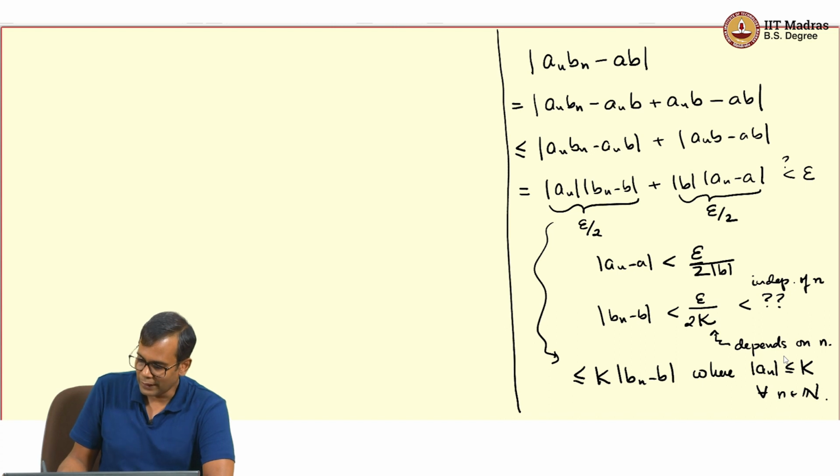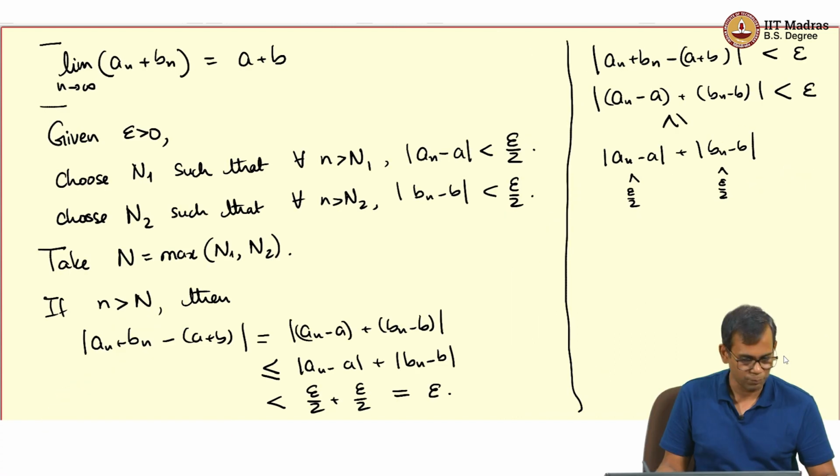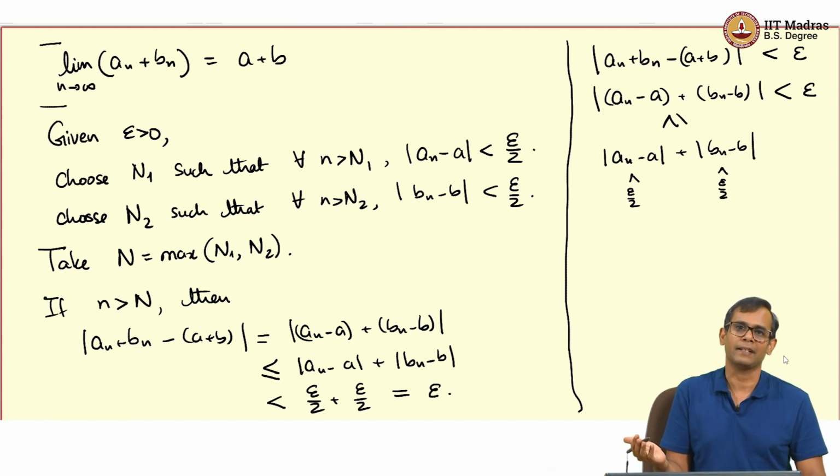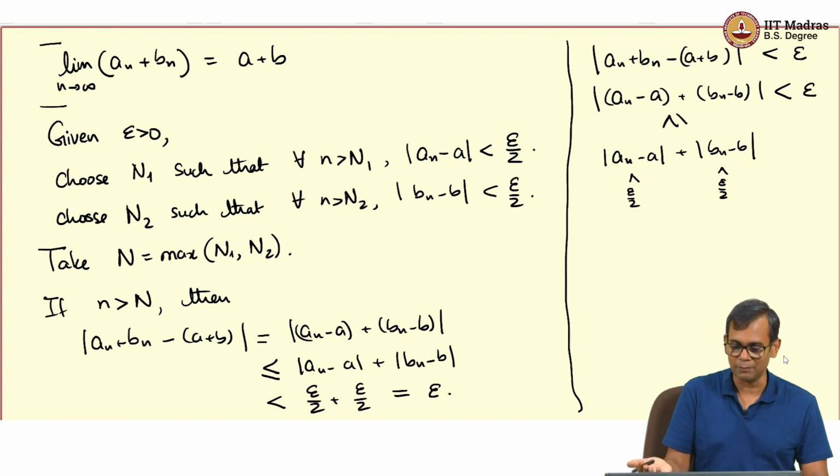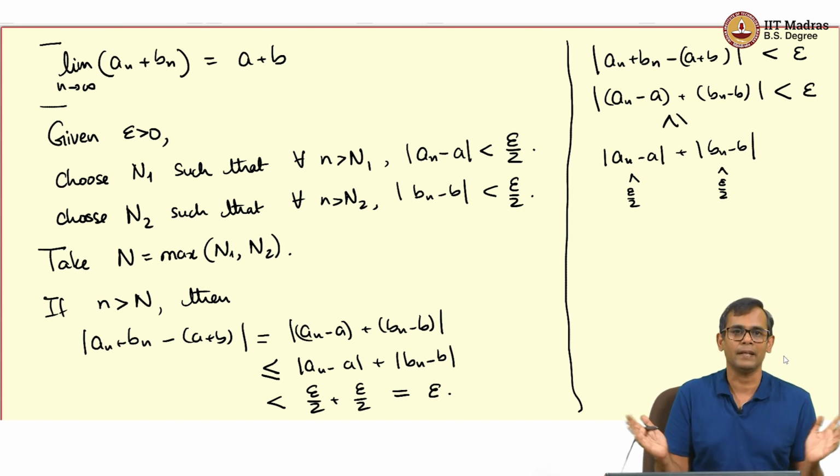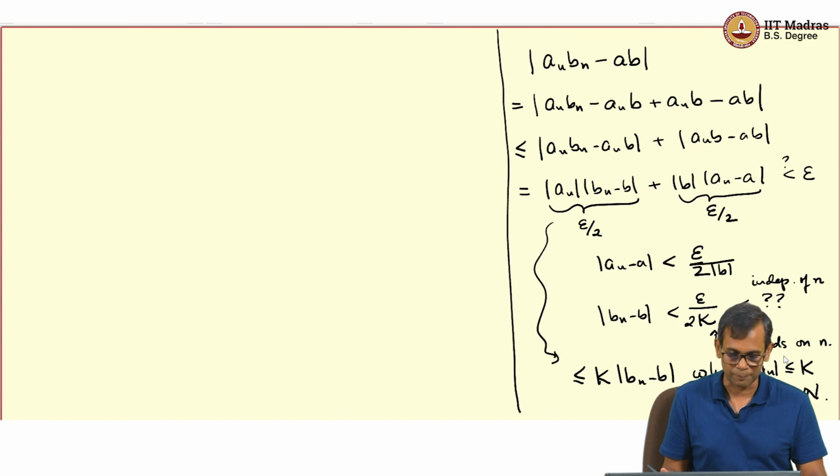Now I am ready to write the proof, and it will be modeled on the proof that we had for the sum. We will choose N1 to make the first term small, and we will choose N2 to make the second term small. We will make each term less than epsilon by 2, so that the whole thing will be less than epsilon.